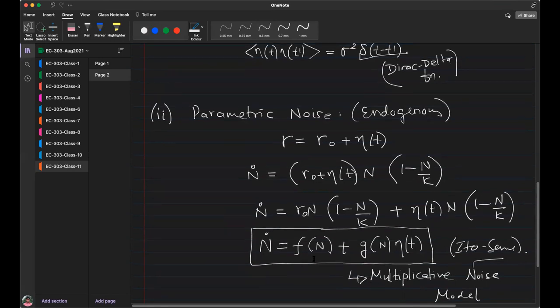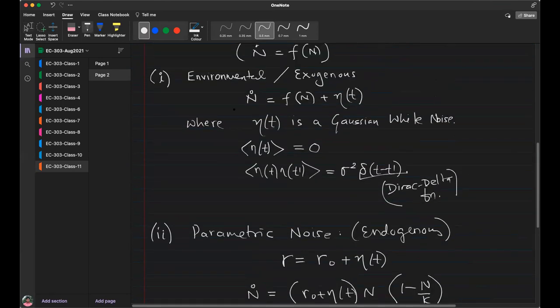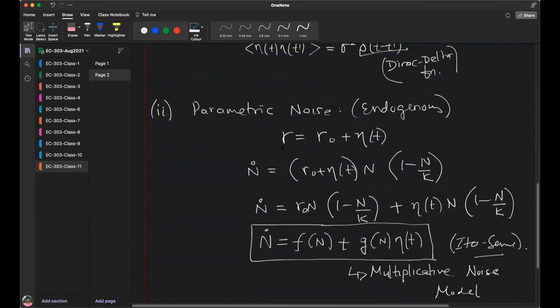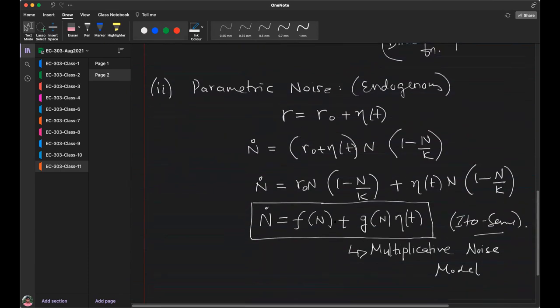So what I would like you to take home from this is there are two ways you can add noise: environmental or exogenous. And if you do, you just add the term to the growth equation. This is also called the additive noise, because you're just adding to the growth function, whereas in the parametric noise, one of the parameters is assumed to be stochastic, and therefore what you end up with is the strength of the prefactor to the noise term itself depends on the state variable, which basically means the strength of the noise depends on the state variable.